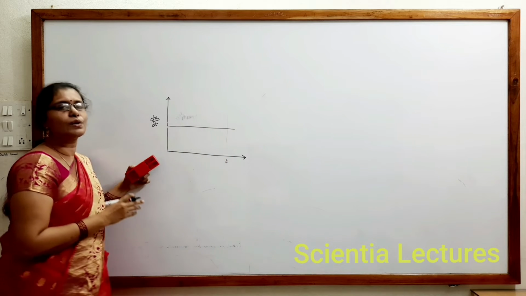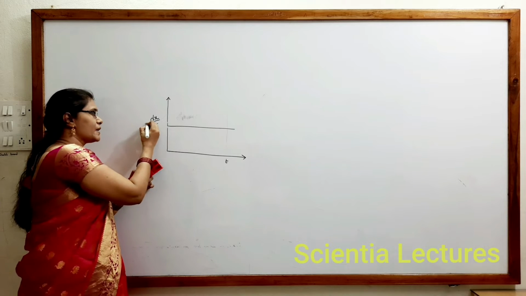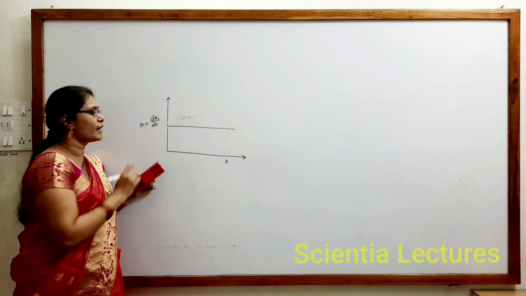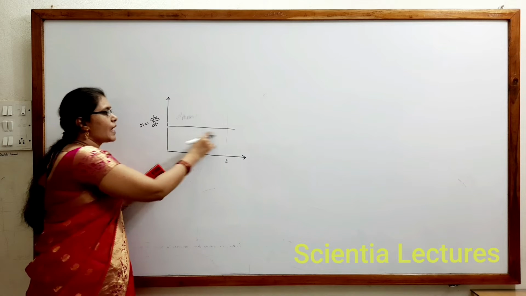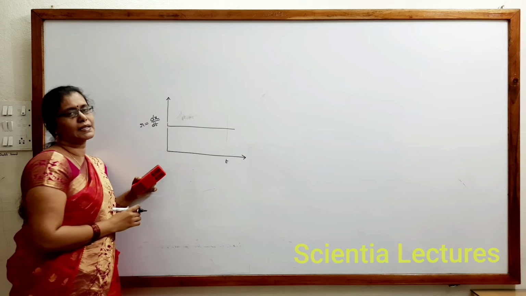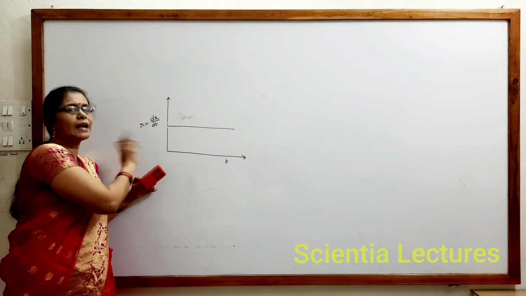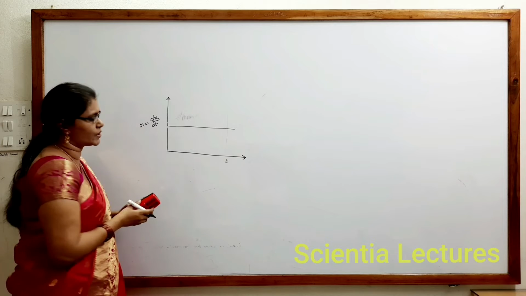This graph also indicates the rate of reaction. Instead of dx by dt, here it can be given as rate of reaction also. With rate of reaction in the y-axis and time in the x-axis, if the line passes parallel to the x-axis, then it indicates it is a zero order reaction. This is another graph indicating that it represents a zero order reaction.